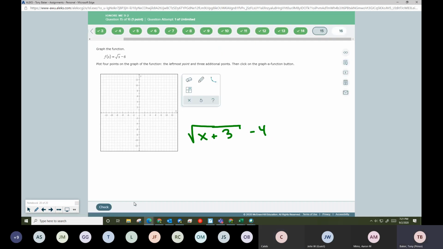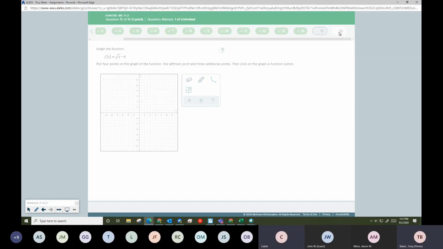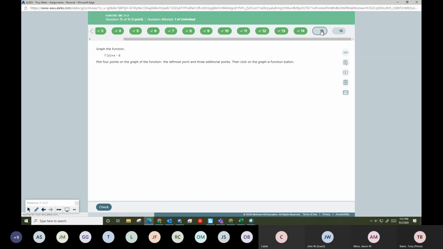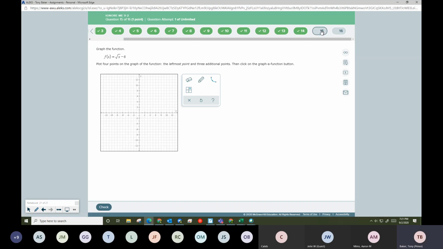All right, two more, and they're basically the same topic. All right, so when you're graphing square root equations, the key with graphing square roots is what numbers you're using.